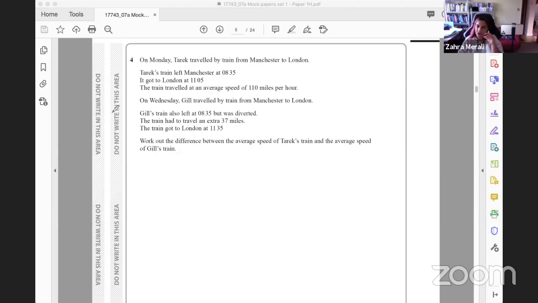So whenever I do these with times, I think the easiest way to think about it is just draw yourself a timeline, say 8:35. Okay, so in 1 hour, it would be 9:35. So that's 1 hour. In 2 hours, it would be 10:35. And we don't want to go quite as far as 3 hours because we've got to get to 11:05. So I think how many more minutes would it take me to get to 11 o'clock?